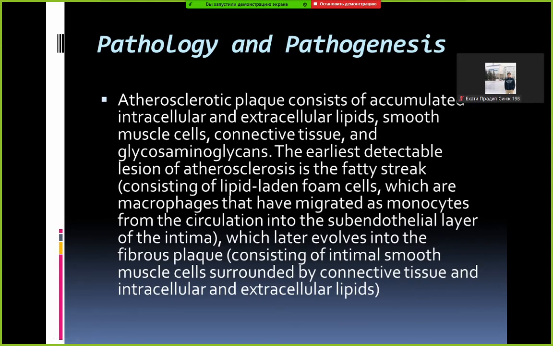Atherosclerotic plaque consists of accumulated intracellular and extracellular lipids, smooth muscle cells, connective tissue, and glycosaminoglycans.